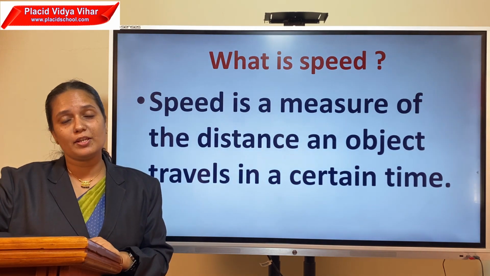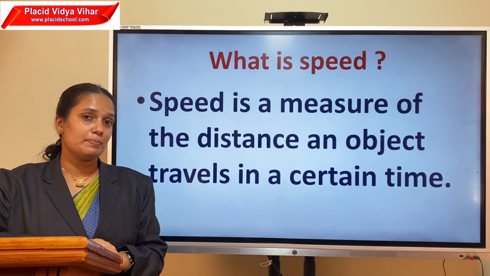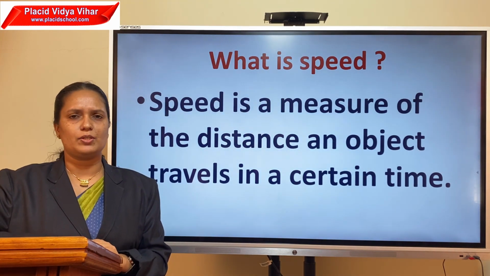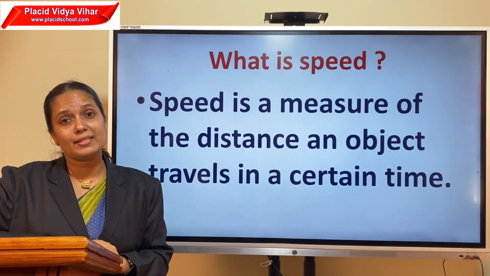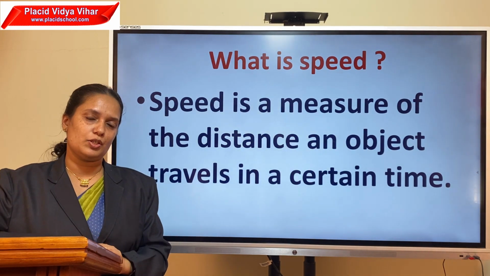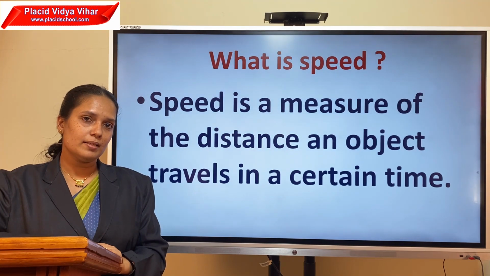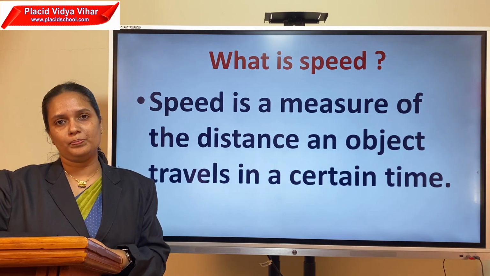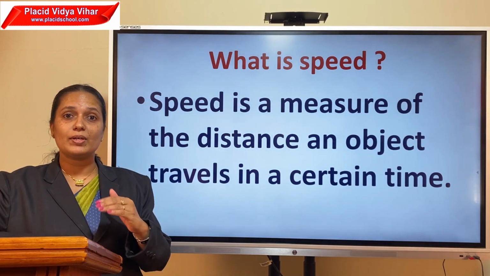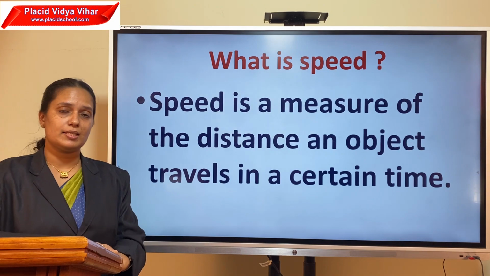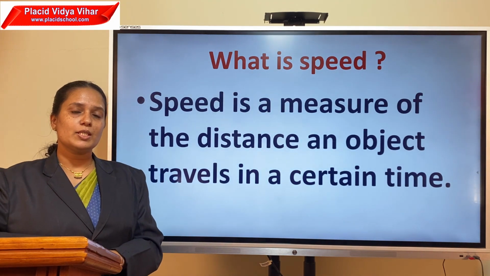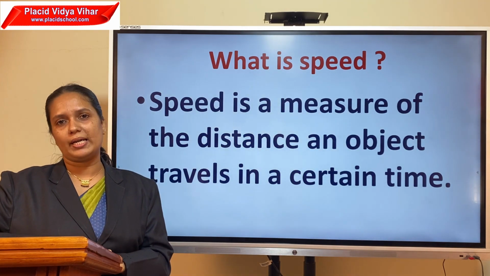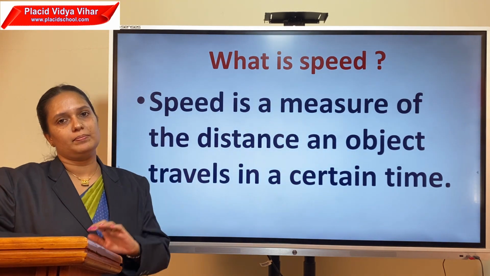For that we can use different modes of transport, such as by train, by car, by bus, by bicycle, etc. All these modes take different time to reach the destination, because some modes are faster and some modes are slow. Then how do we decide which one is moving fast and which one is moving slow? So to assess slow and fast motion, we introduce another physical quantity, that is speed.